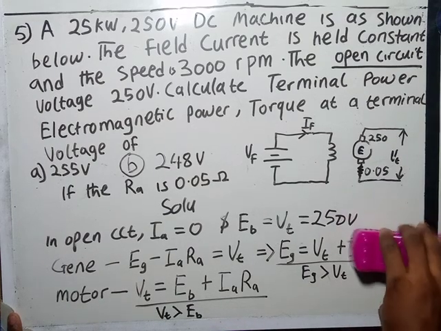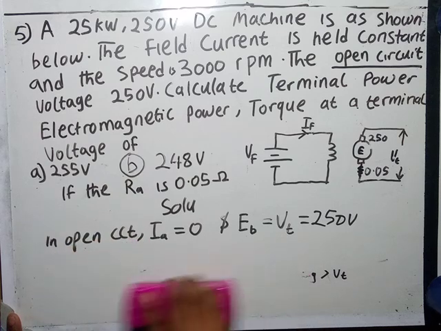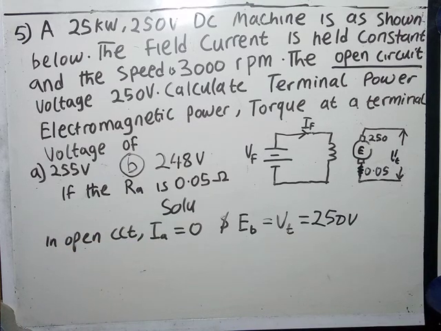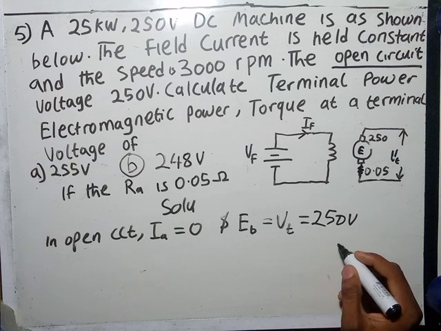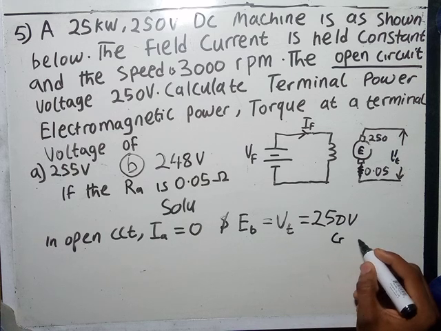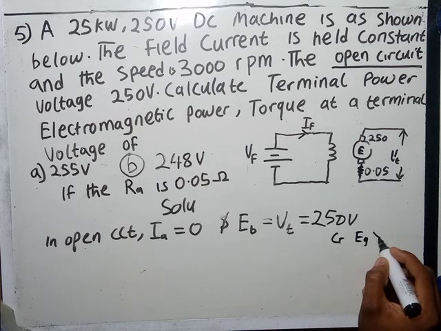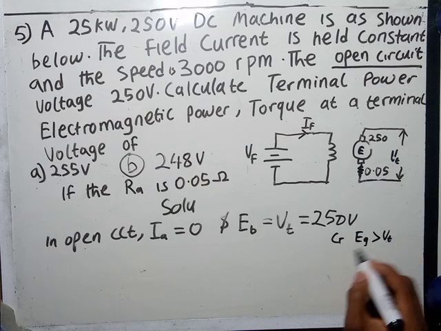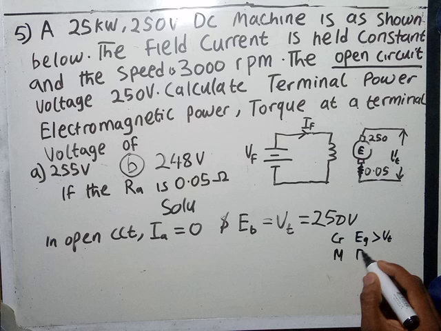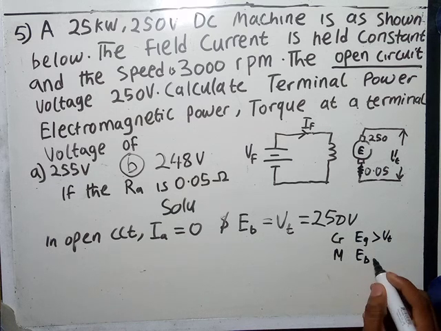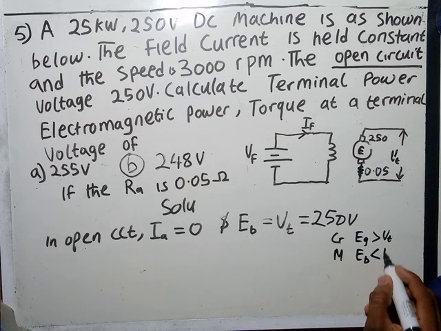I will clean this part to create room for us. Okay, so remember, let me just write it by the side. For a generator, Eg is greater than Vt, and for a motor, Eb is less than Vt.